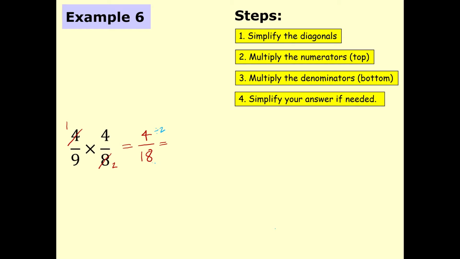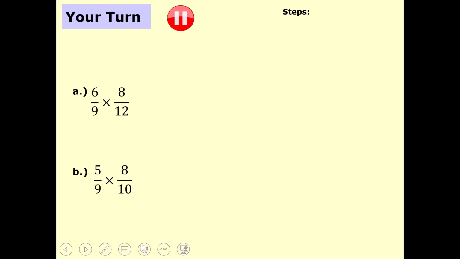Whatever you do to the top, you have to do to the bottom of your fraction as well. So 4 divided by 2 will give you 2. 18 divided by 2 will give you 9. And that is your final answer there. If you need to pause the video to copy any of this down, that's absolutely fine. And now we're going to move on to 2 examples for you to try yourself.